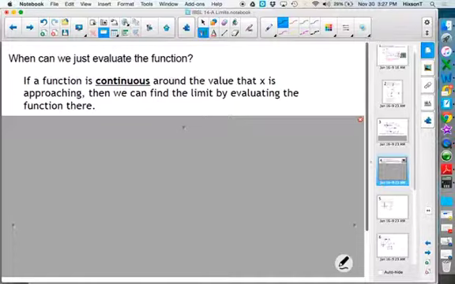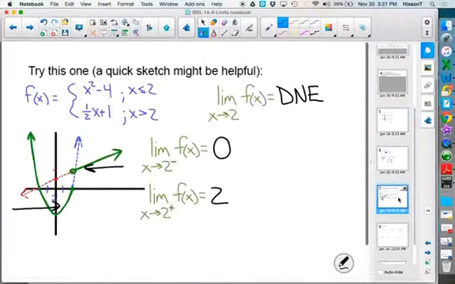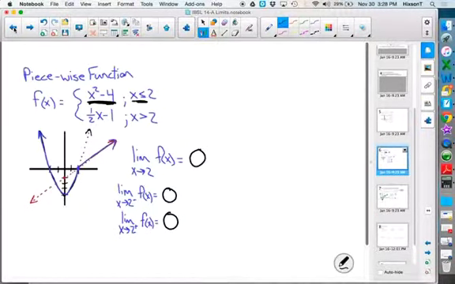Well, here's the thing. We looked at 2 different piecewise functions, right? We looked at this case where there was a jump. So that's not continuous. And here, if we had just tried to evaluate, we would have gotten a wrong answer. We would have gotten 0 when, in fact, the limit doesn't exist. Here, however, we had a piecewise function, and notice the 2 pieces meet.